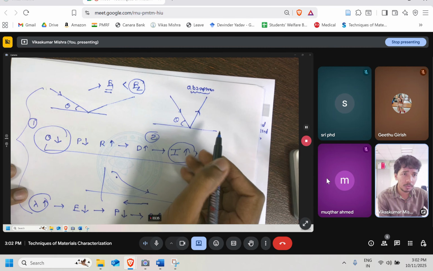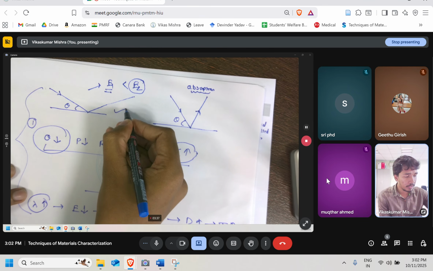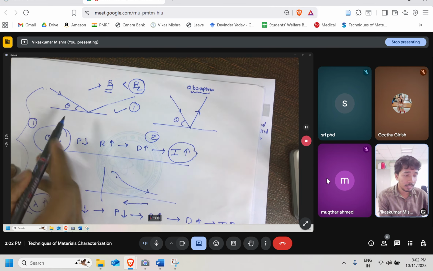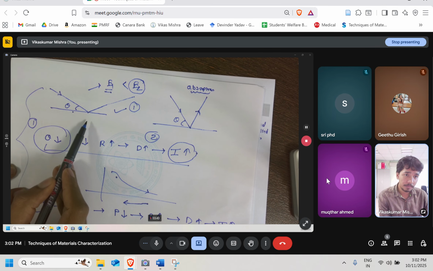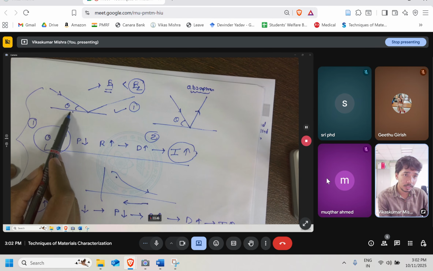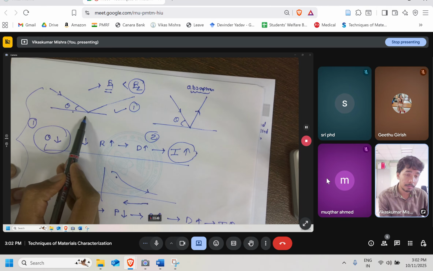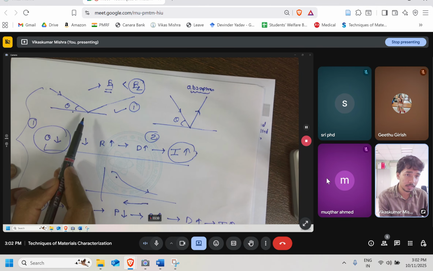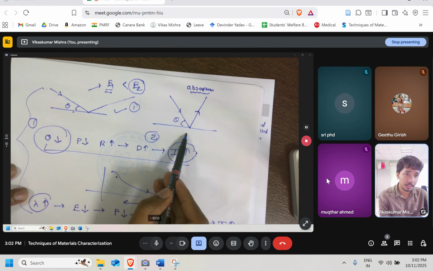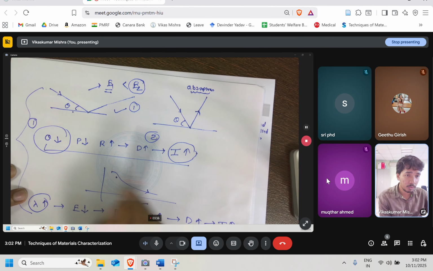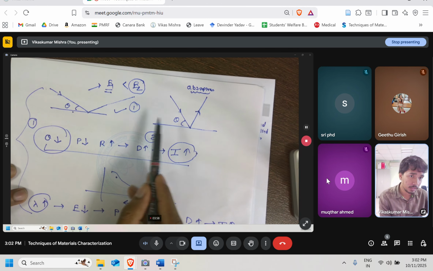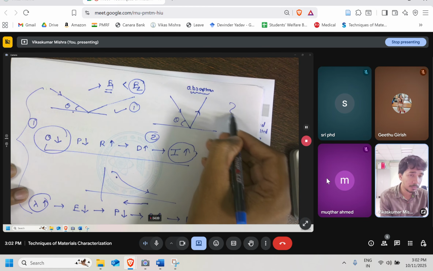In the low angle case, penetration is less but the X-ray spends more time. In the high angle case, the time spent is less but the penetration is more. Both factors cancel out each other, so there won't be any absorption part.